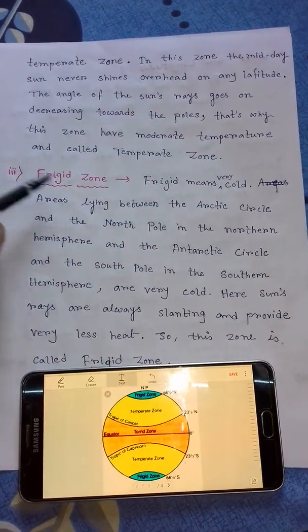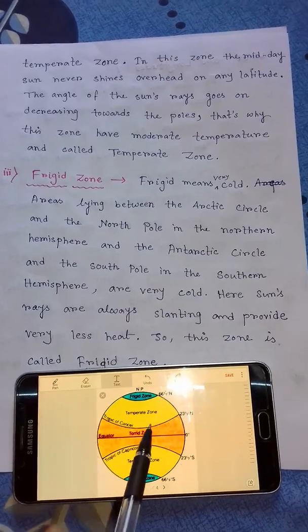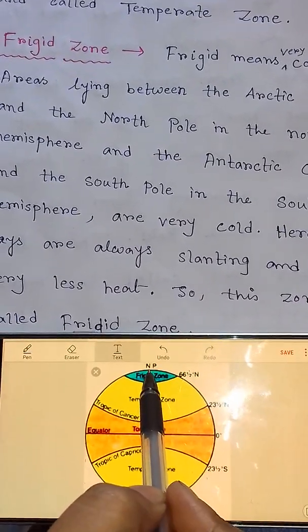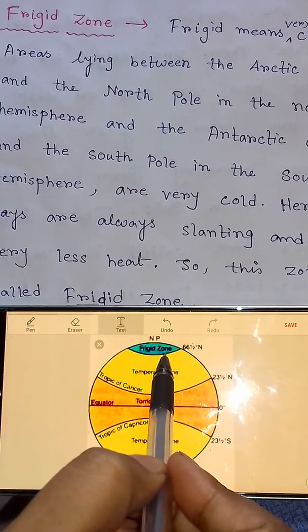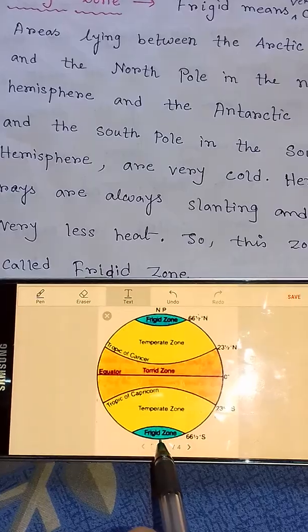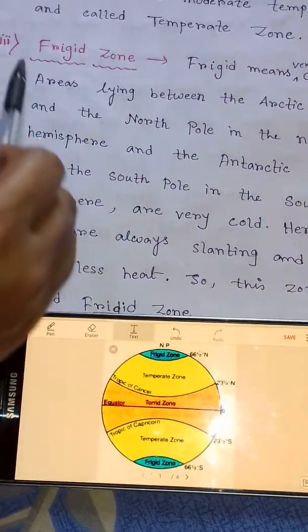Next, frigid zone. Frigid means very cold. Areas lying between Arctic Circle and North Pole in the northern hemisphere, and areas lying between Antarctic Circle and South Pole in the southern hemisphere, are under frigid zone.